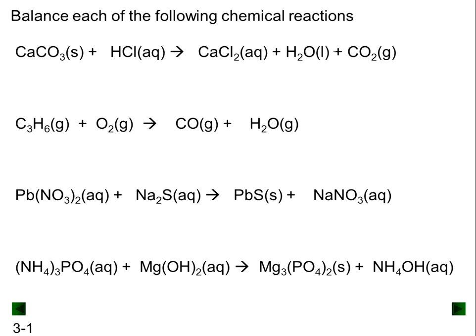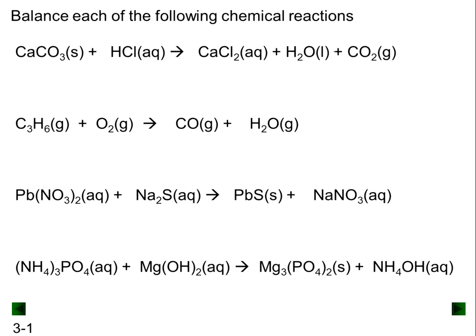Our first reaction involves calcium carbonate reacting with hydrochloric acid to produce calcium chloride, water, and carbon dioxide. In this case, we can start off balancing the calcium. We can see if we have 1 atom on the left, then we'll have 1 atom on the right.